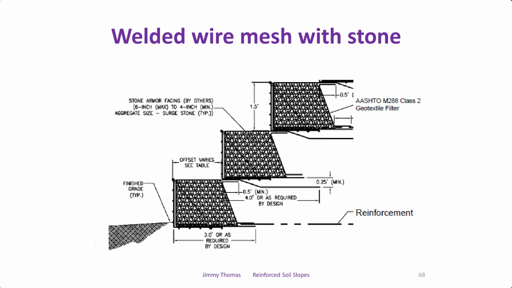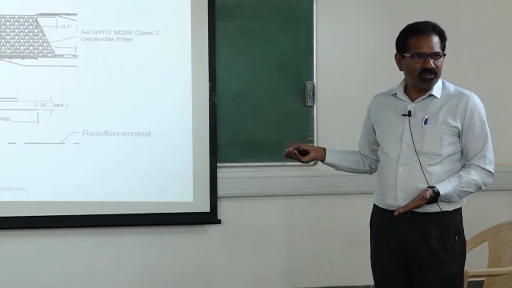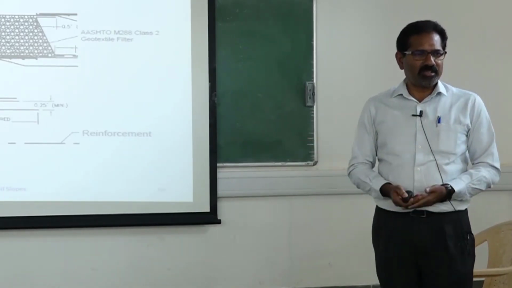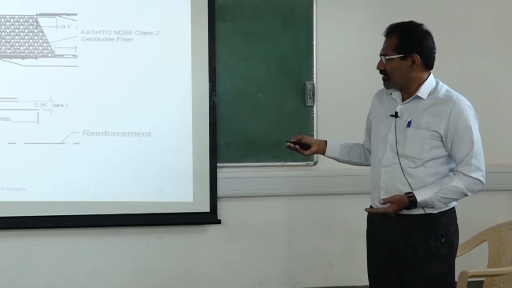Then maybe half a meter or so, we put a stone backfill. In this case, the welded wire mesh has to be permanent, because if that mesh goes, the stone also will not stay. And not only that, because we don't have vegetation to protect against UV, the wraparound part also will degrade after some time. So we need a permanent one.